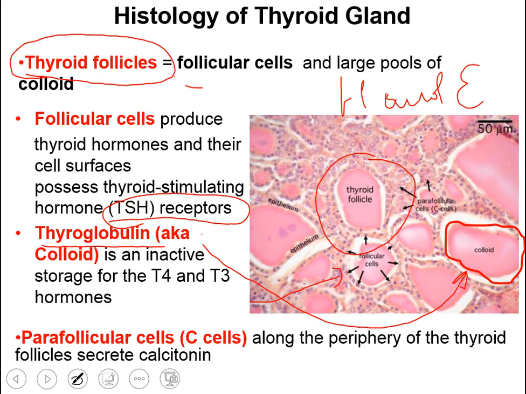Parafollicular cells, which you can see here, also called C cells, are located along the periphery of thyroid follicles within the thyroid gland tissue. These cells do not come in contact with follicular colloid, and their main function is to secrete calcitonin.